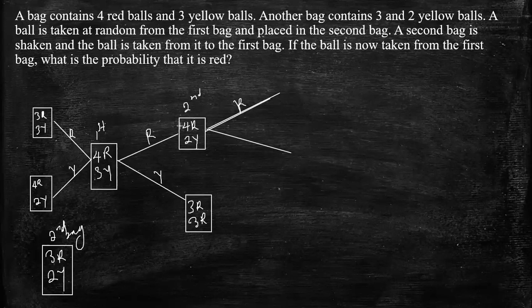So this is now going to be the first bag where we are adding, the one where we had picked a red. When we picked a red, the red one is reduced to 4.